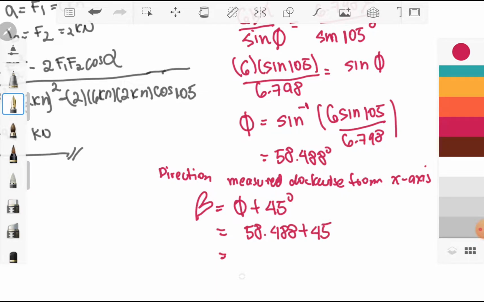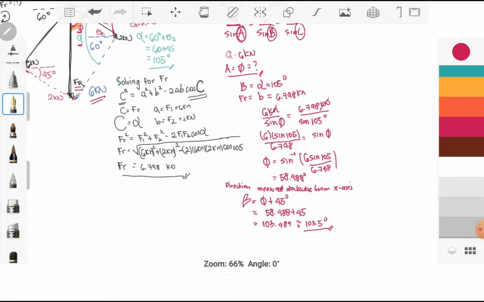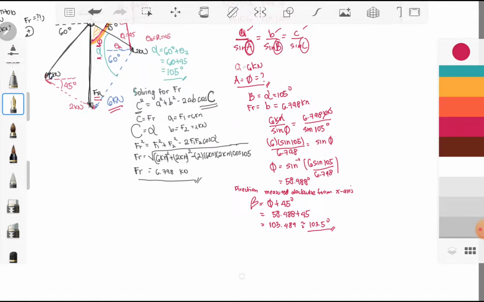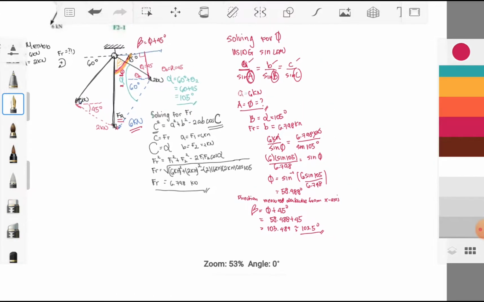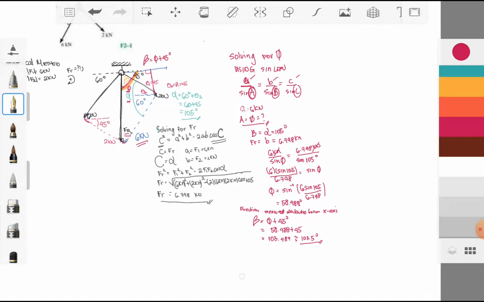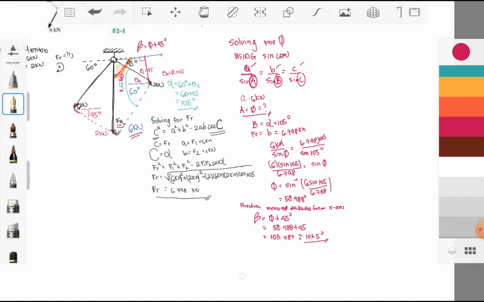It is equal to 103.489, or approximately 103.5 degrees. Okay, that is the direction, or the angle beta. So this is the answer.